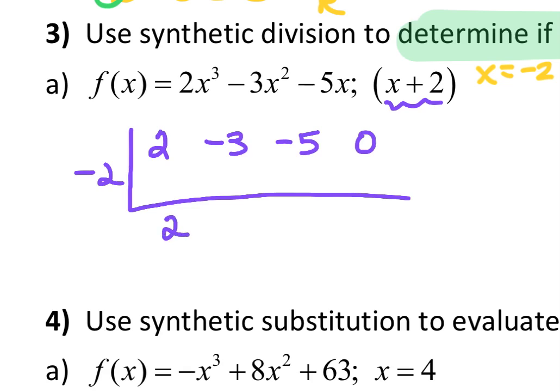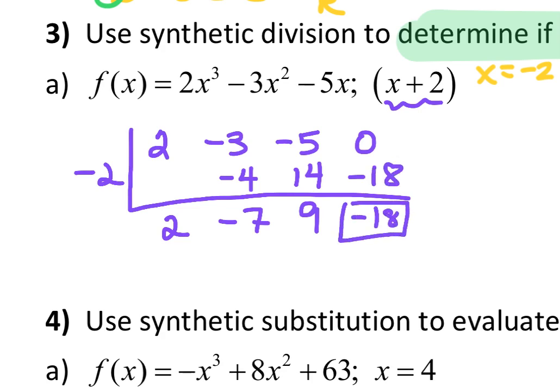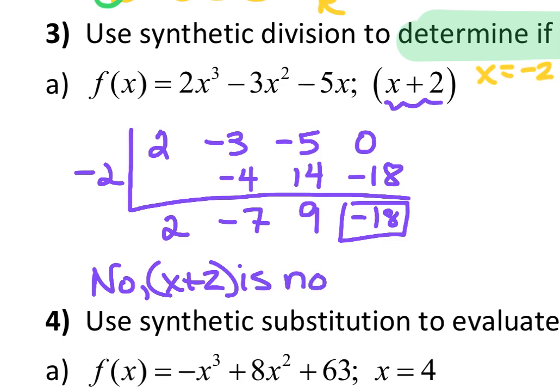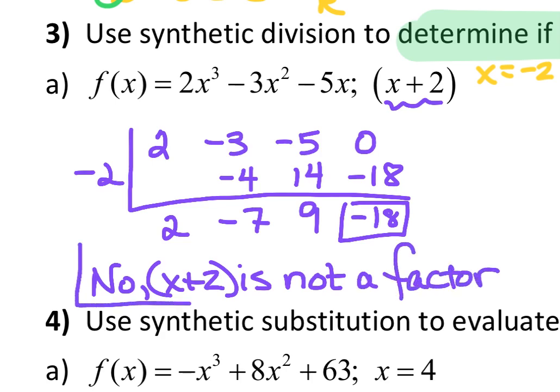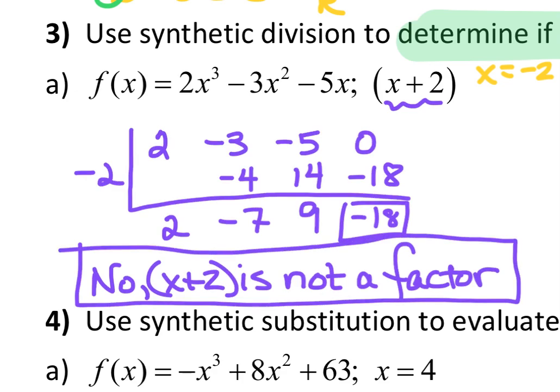So bring down the 2. 2 times -2 is -4, -3 and -4 is -7, -7 times -2 is +14, -5 plus 14 is 9, 9 times -2 is -18, and since your remainder here is not 0, you're going to actually say, no, x plus 2 is not a factor. If you want to write a complete sentence, state it in terms of f of x.